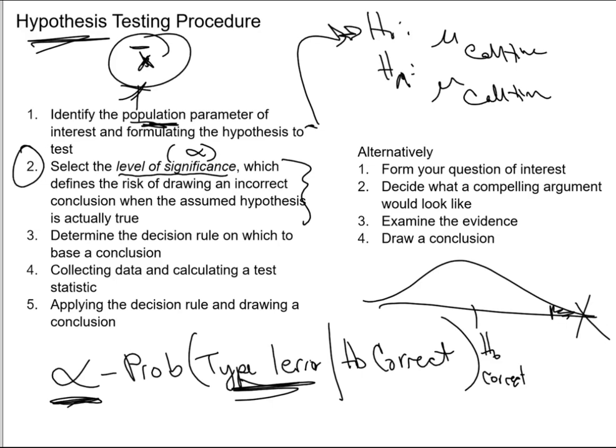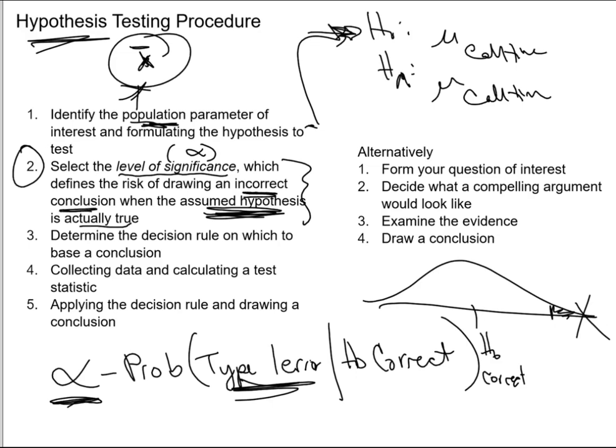Right, so we've got when the assumed hypothesis is, do you remember what we assume to be the default correct until the evidence convinces us otherwise? That's the null, right? So it's when the null hypothesis is actually true, but we draw an incorrect conclusion, right?